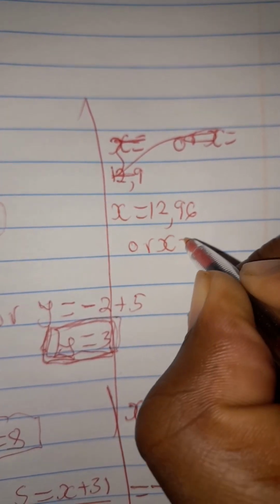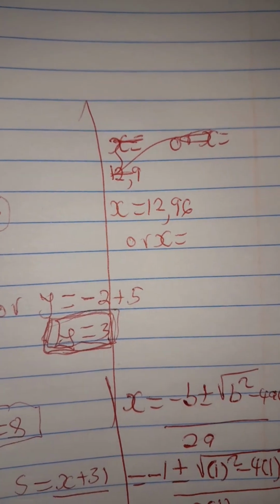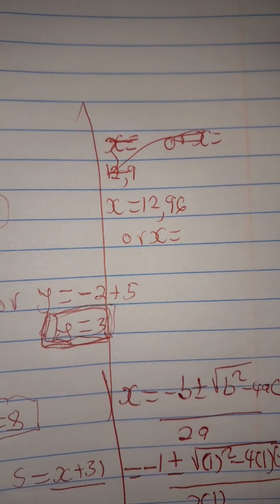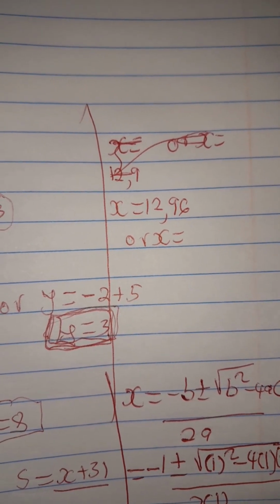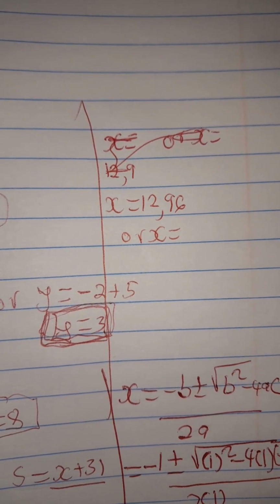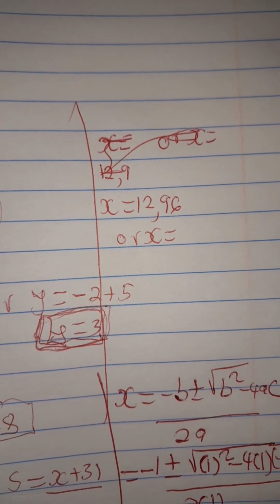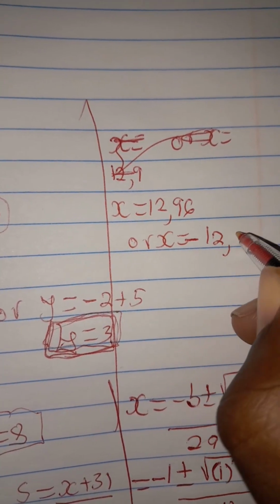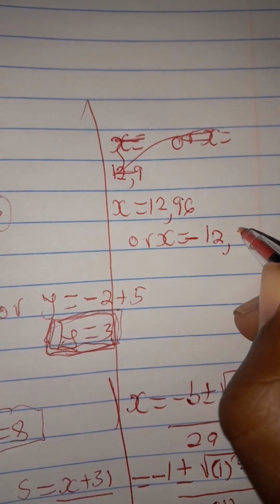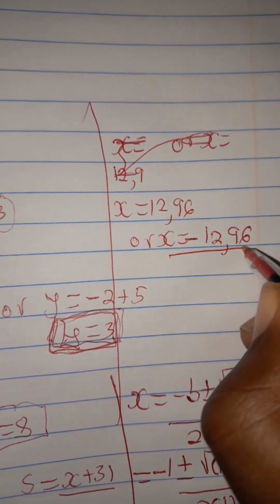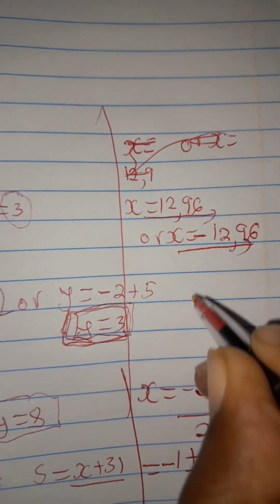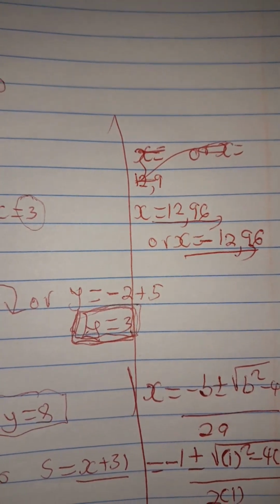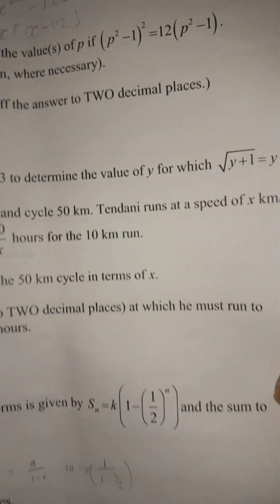Or you can have negative 1 minus root 621 divided by 2. That would be negative 12.96. So we cannot have a speed that is negative. In this case, we cannot take the one that is negative. Let's take the one that is positive. So let's go back here.